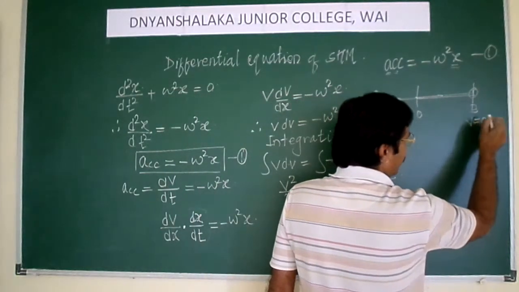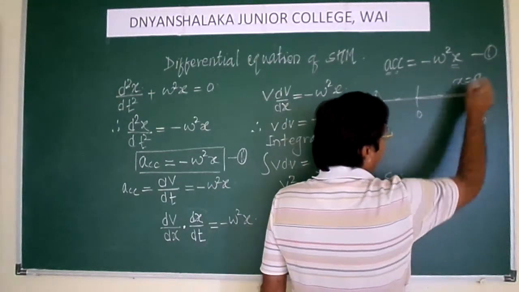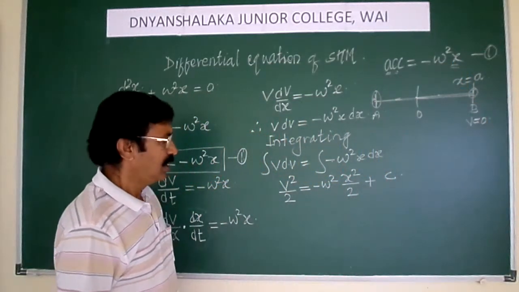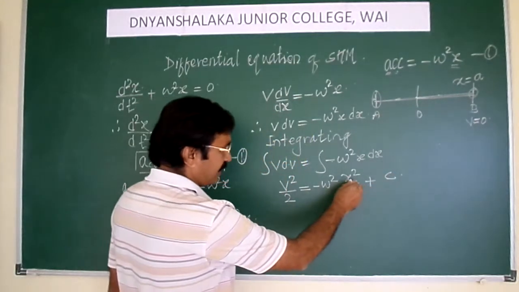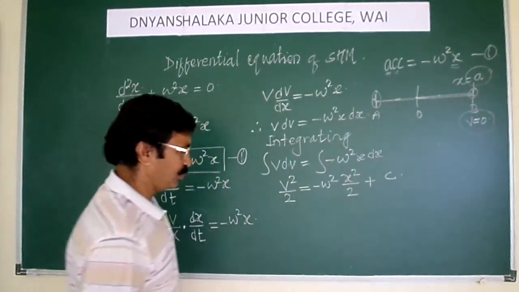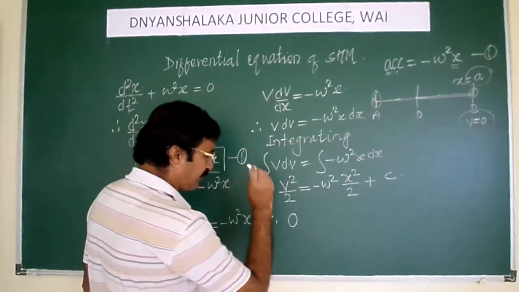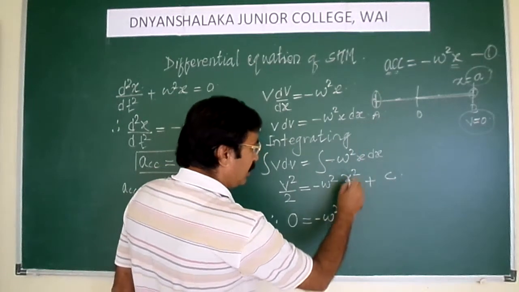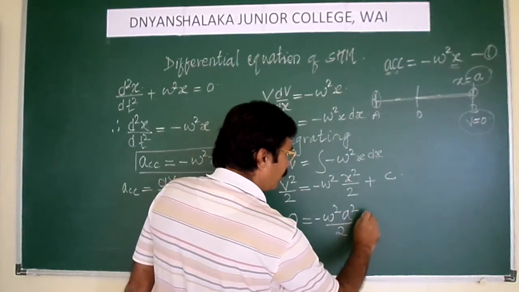When velocity becomes 0, the displacement becomes maximum, so x is equal to A, which is the amplitude of SHM. Therefore, substituting these values, the left hand side will be 0, equal to minus omega square into A square upon 2 plus c.